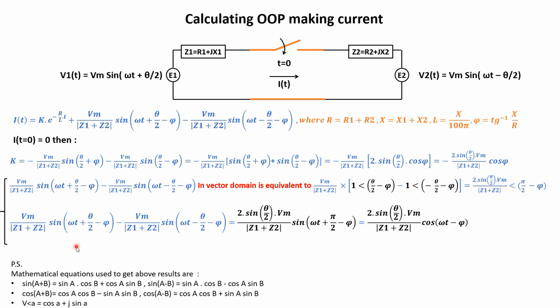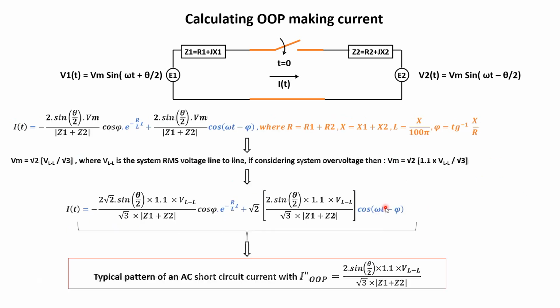If we return that to the time domain, it is like this: cosine 90 degrees minus phi, sine 90 degrees minus phi, which is cosine omega t minus phi. So at the end, the current at t equals 0 is a DC component plus an AC component, which is kind of a steady state.